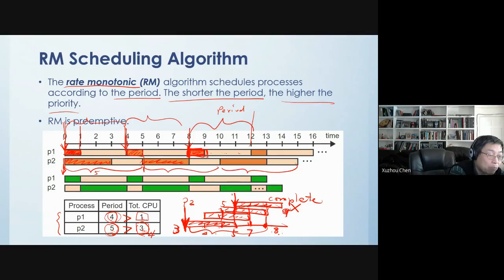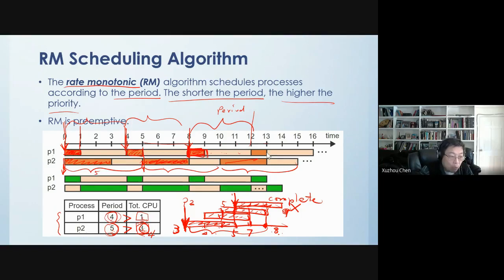Every time the period starts, it starts to execute the process and finishes in 3 time units, right? That's not a problem. If only one real-time process is running, no problem, because the computer system is dedicated to that process. So there should be no problem.